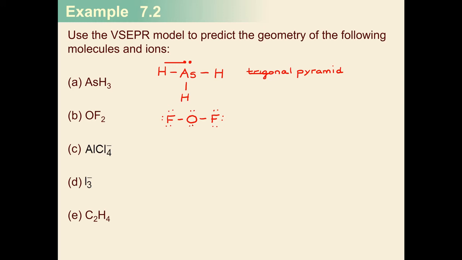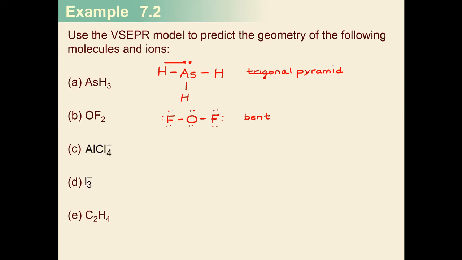Notice that I have the same tetrahedral electron pair arrangement because I have 4 attachments, 2 lone pairs and 2 bound atoms. But now what I'm going to have is the bent molecular geometry. The reason why is because I am having the 2 lone pairs on the oxygen. So this would be the bent molecular geometry.